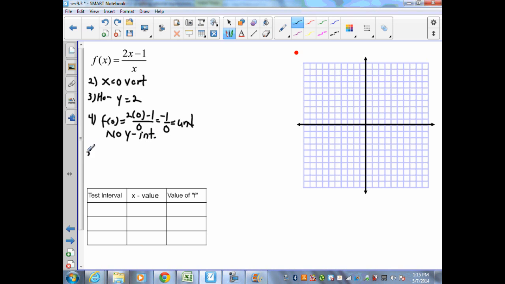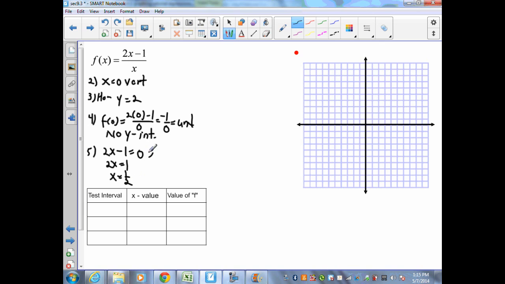Number 5, I want to find my x-intercept. To do that, I set my y, or f of x, to be 0, and that eliminates my denominator, and I have 2x minus 1 equal to 0, and 2x equals 1, or x equals 1/2.